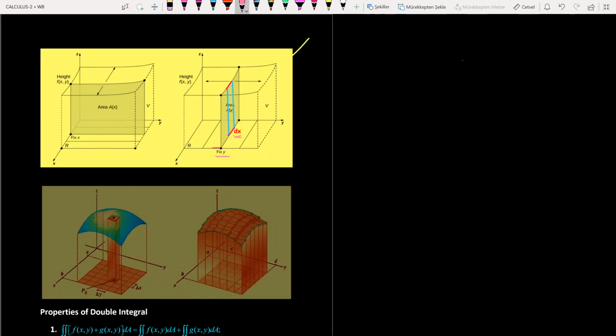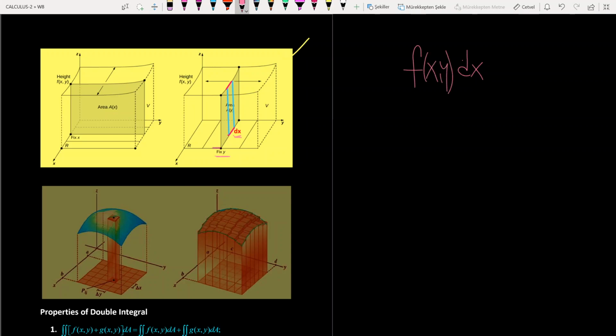We multiplied dx by f of x for the function of one variable. Now we multiply this length dx by f of x, y instead of f of x, since we have a function of two variables now.